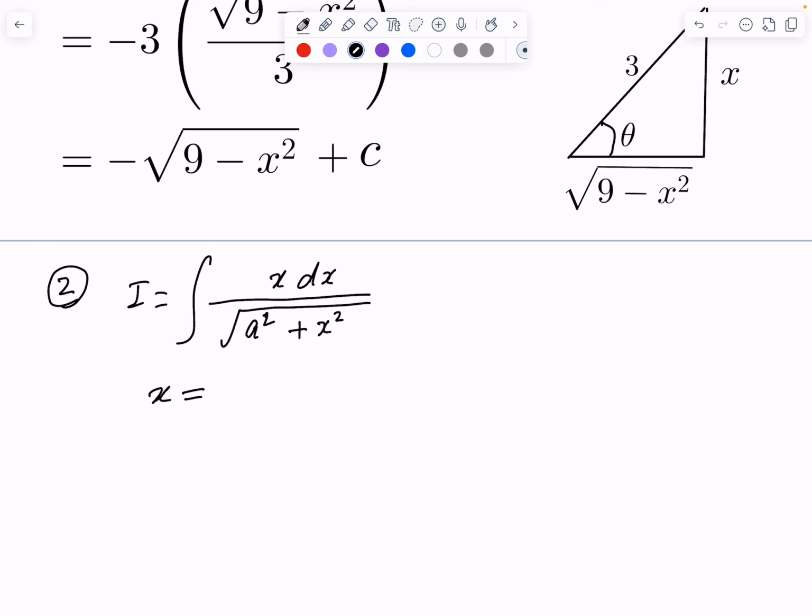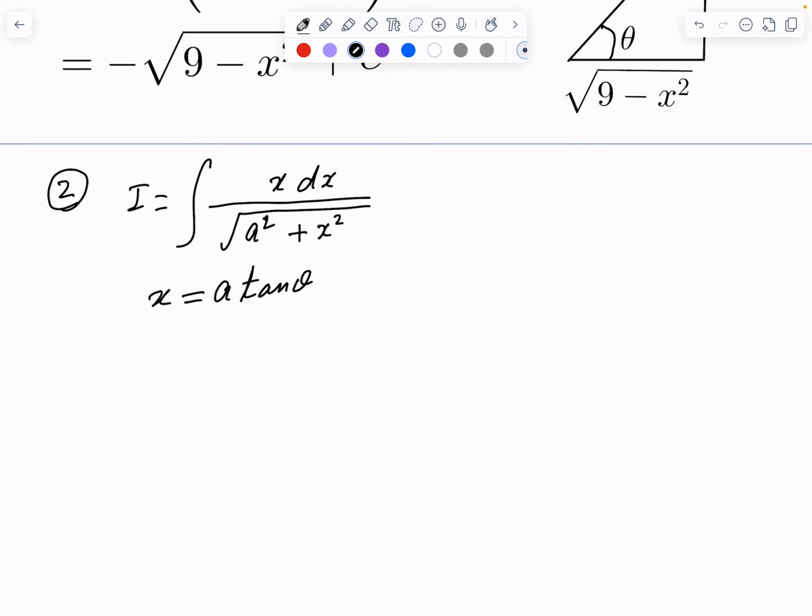So x is going to equal a tan theta. Therefore, dx is going to equal a secant squared theta d theta.